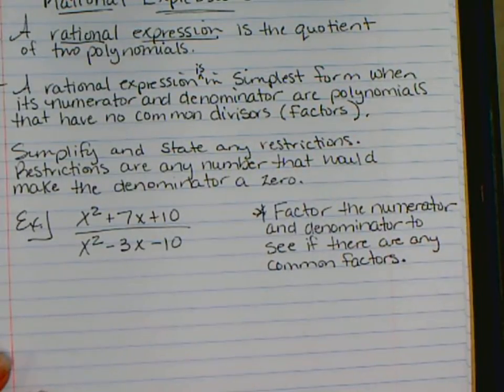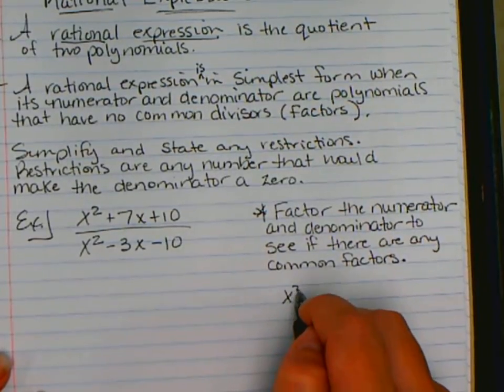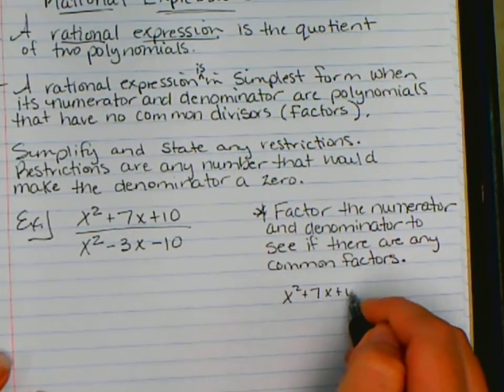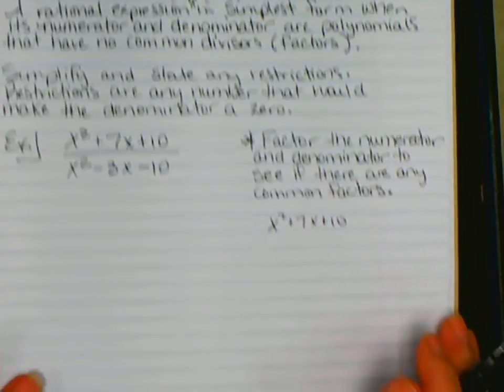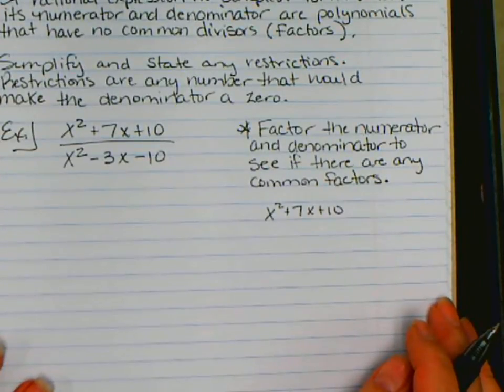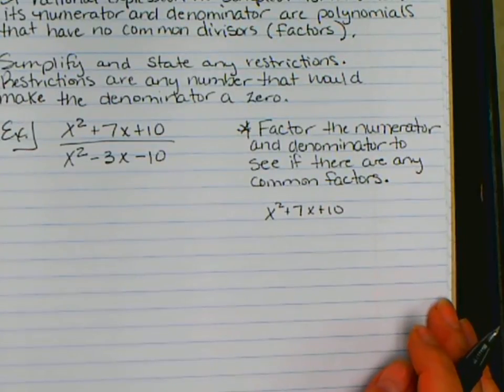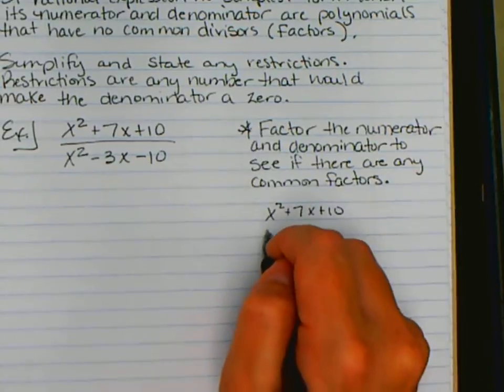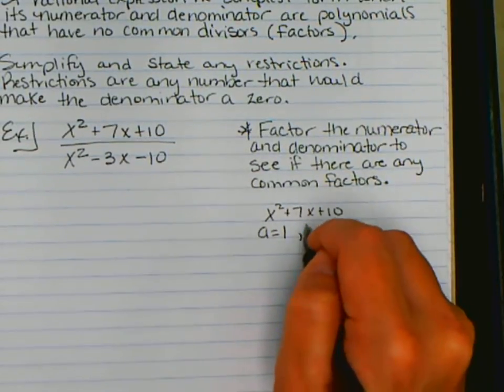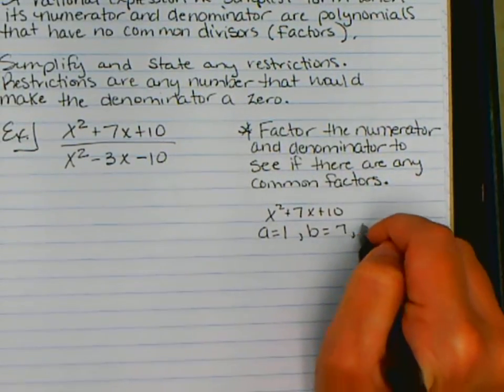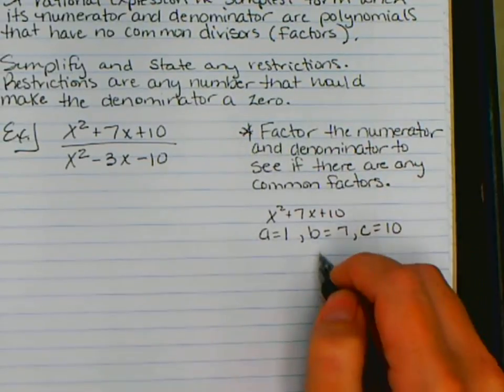So my numerator, it's a quadratic. I'm going to show my work over here on the side. So I'm going to use divide and slide to see if it can be factored. Is there a greatest common factor in my numerator? No. All right, so A is 1, B is 7, and C is 10.